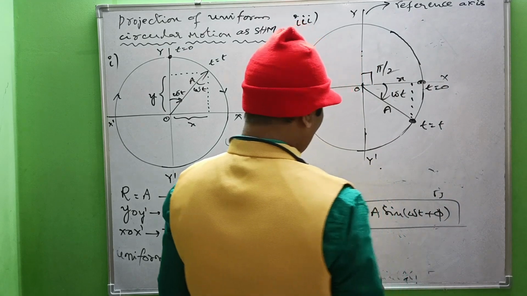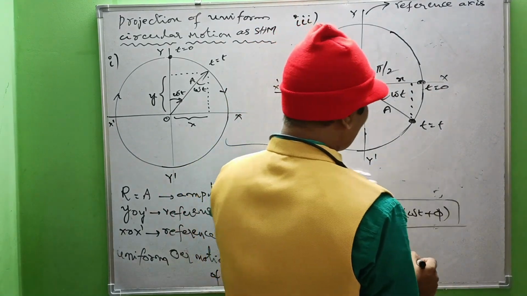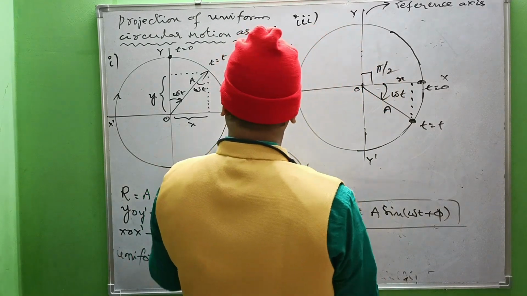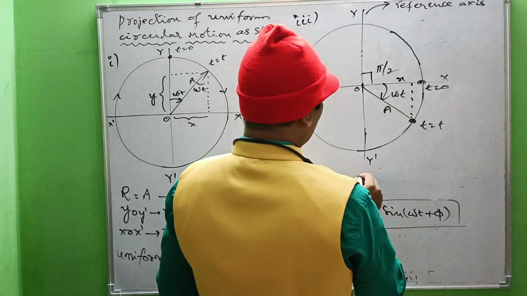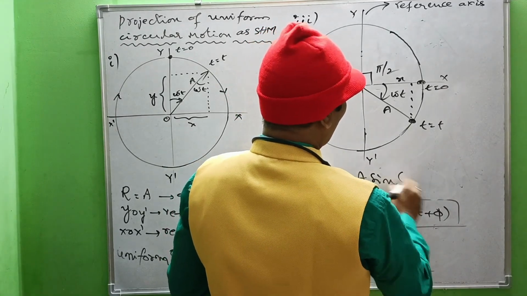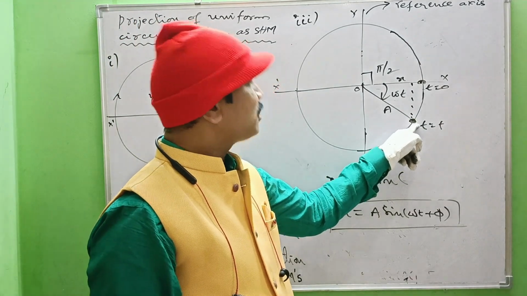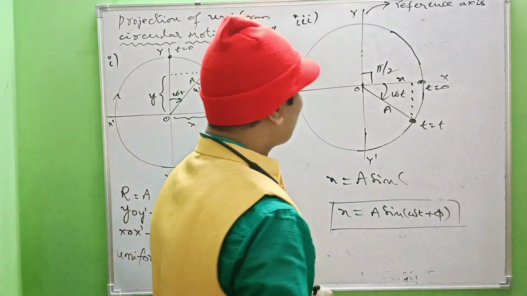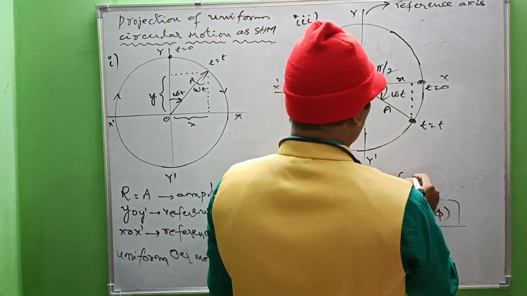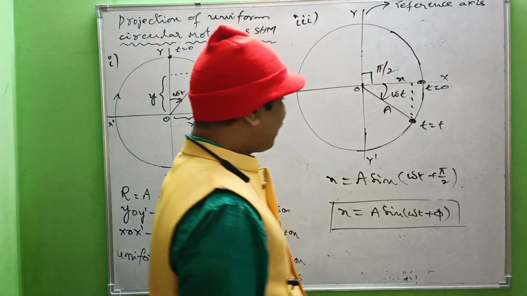So this is x. So x equal to A sin of what is the total phase angle by that instant when it reaches this position? Pi by 2 plus omega t, that is omega t plus pi by 2, with respect to the axis. So omega t plus pi by 2.